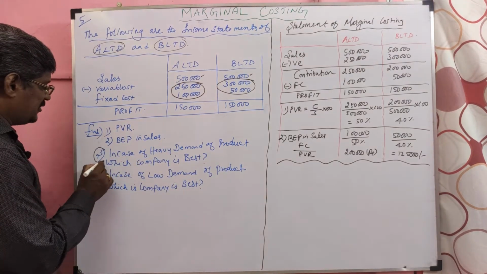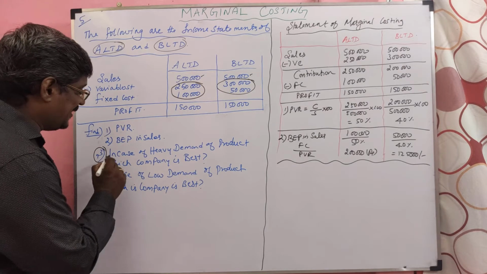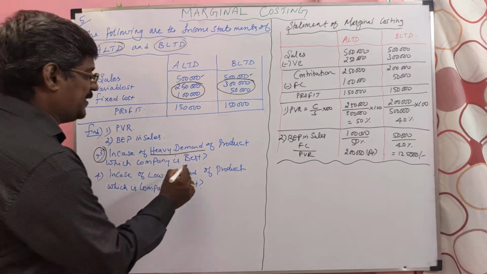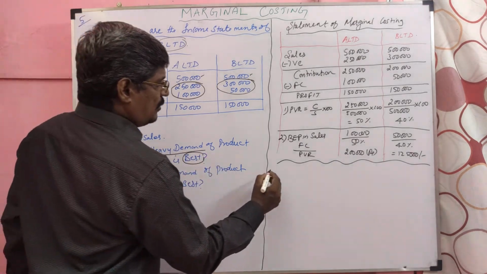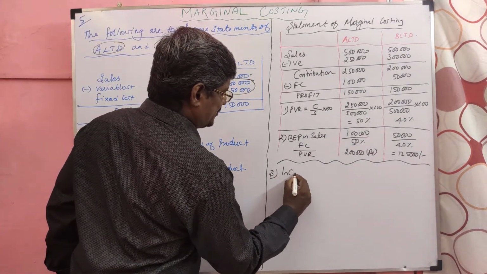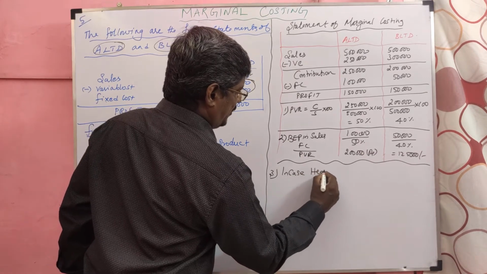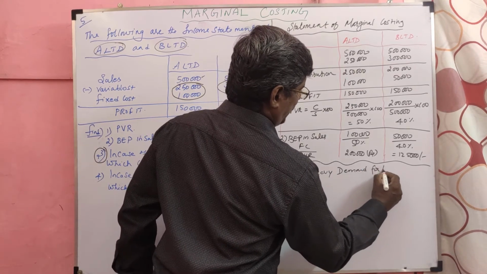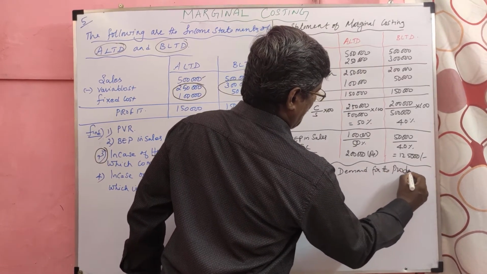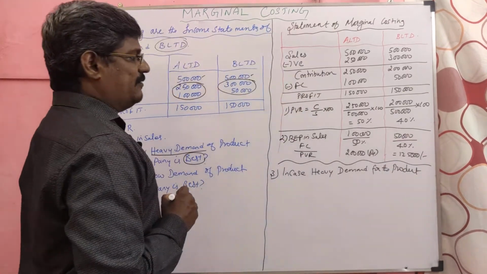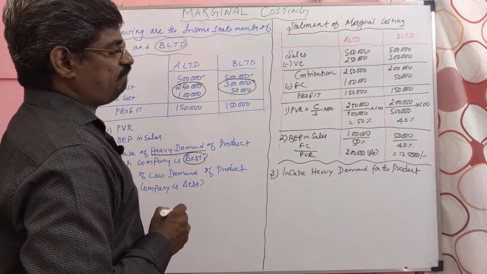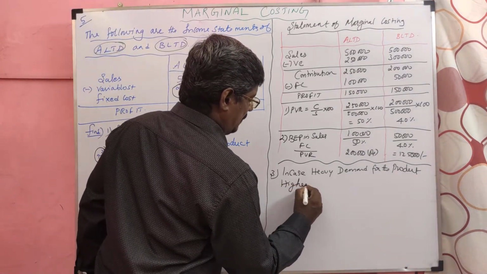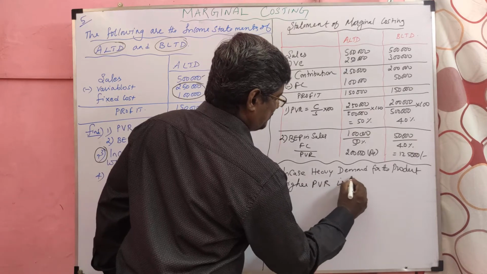Now the third question is very, very important. What is the question they are asking? In case of heavy demand for the product, which company is best? The answer: in case of heavy demand for the product, higher PVR is best.